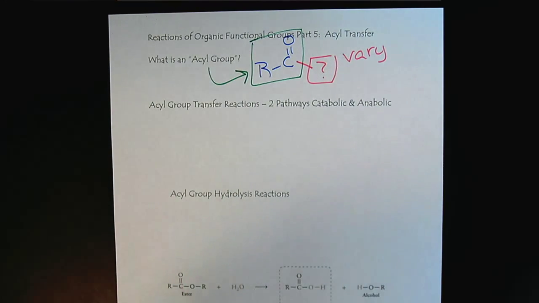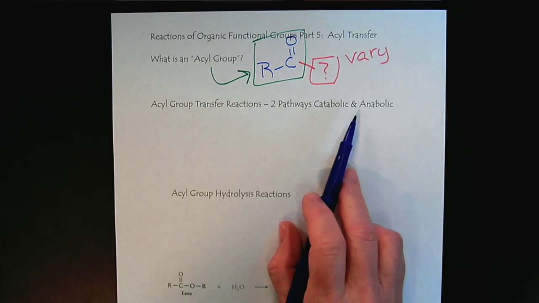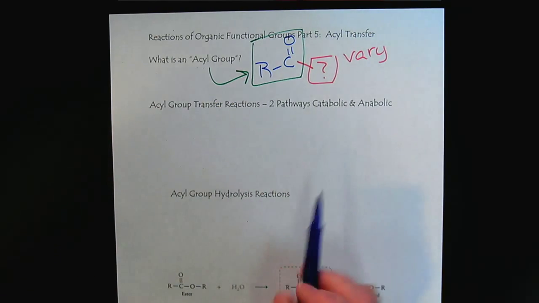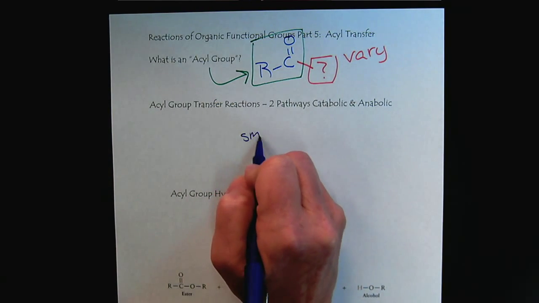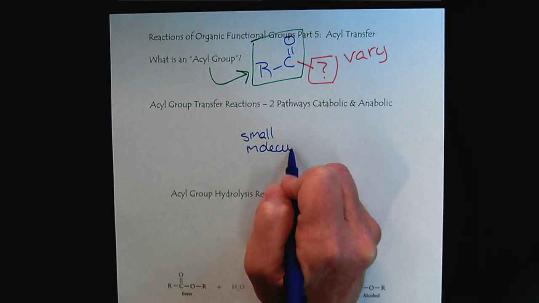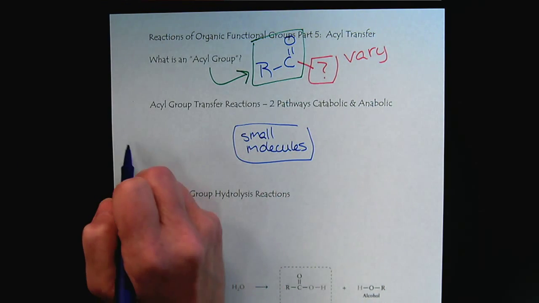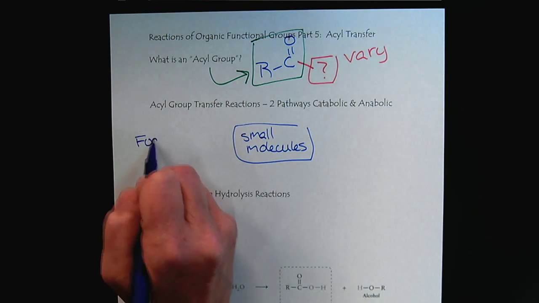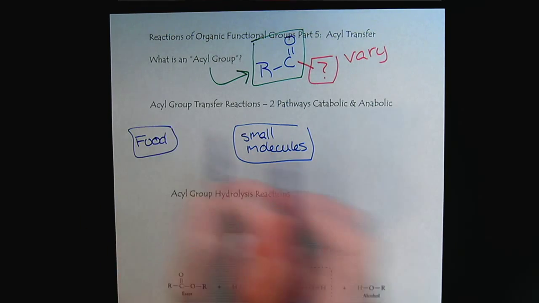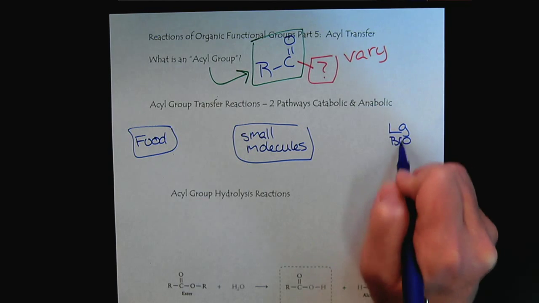Now the reason why acyl group transfer reactions are so important is because they're going to be the primary pathways of catabolism and anabolism, right? If we start in the middle with small molecules, over here would be food, and then these would be our large biomolecules.